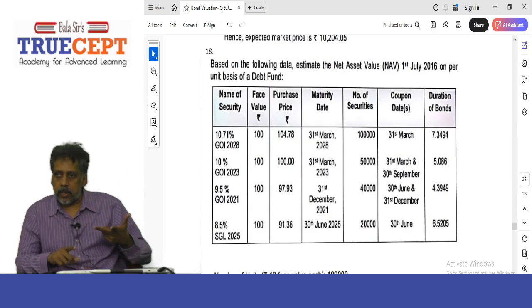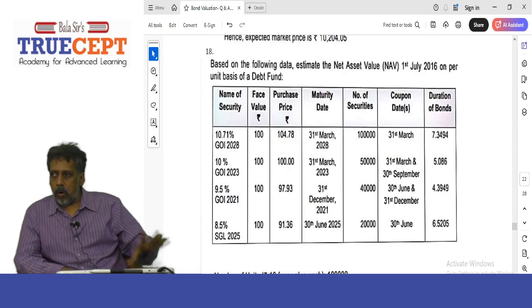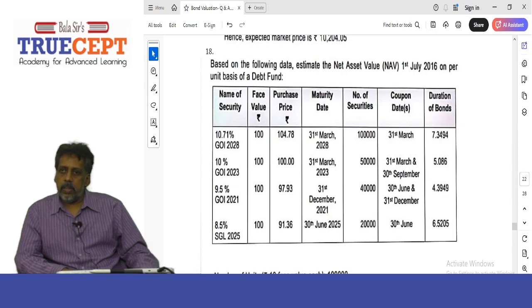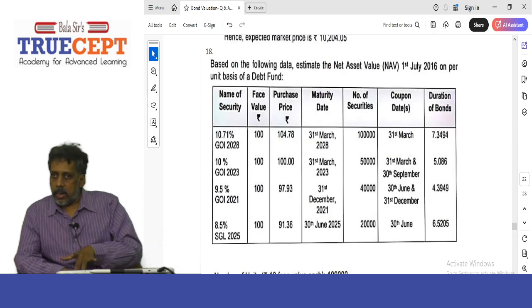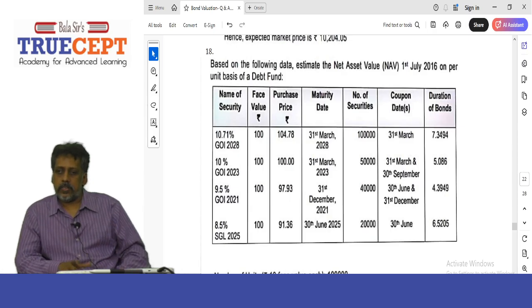That is April 2016, May 2016 and June 2016. Got it? So, interest for 3 months will be accrued on these bonds, which will be considered as an asset. Interest accrued for 3 months is an asset. That should be considered.